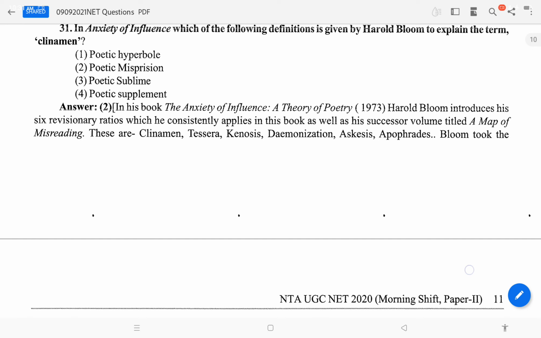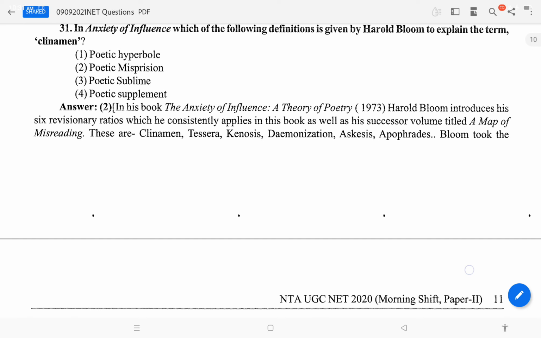Then Bloom took the word clinamen from Lucretius, who refers to swerves of atoms that make change possible. He defines this as poetic misreading or misprision proper. The poet makes a swerve away from the precursor in the form of a corrective movement.